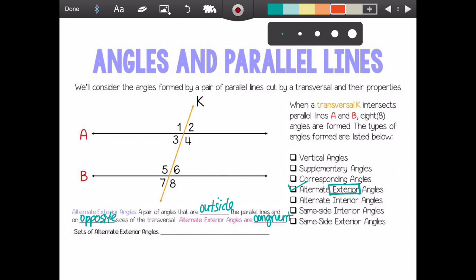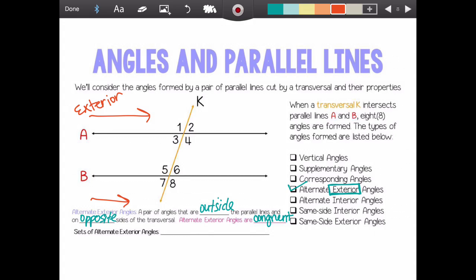let's see, angles on the outside of the parallel lines, so again, this is exterior. So angle 1 and angle 2 are considered exterior because they're not between the parallel lines. And then 7 and 8 would also be considered exterior angles because they're not inside the parallel lines. They're on the outside.